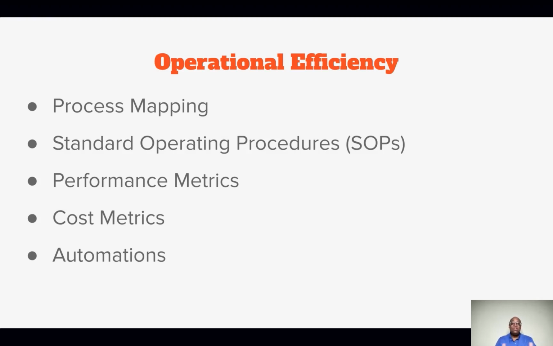When you look at your business as a complete system of processes, and you're able to break those down and understand what the performance metrics are in each of those, and the cost metrics, then you can say, okay, now the next step is, how can I automate any of these boxes?